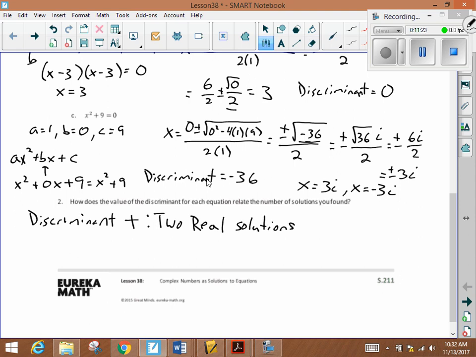When the discriminant was 0, there was only one real solution, or one solution, really.